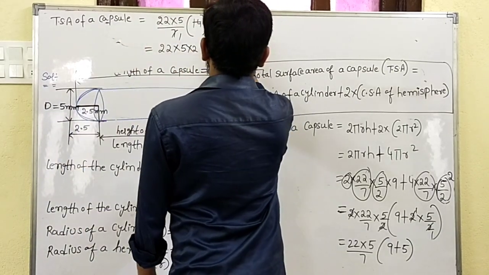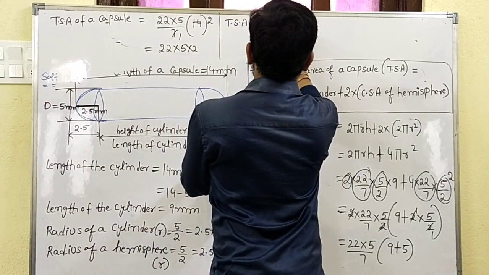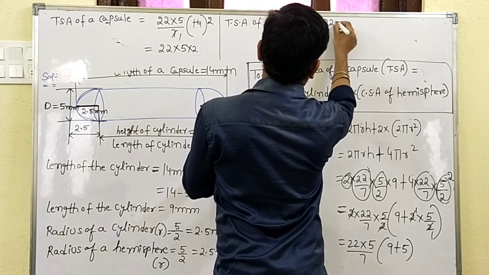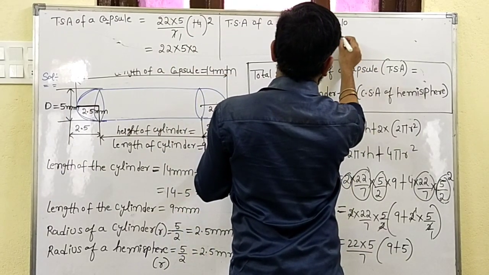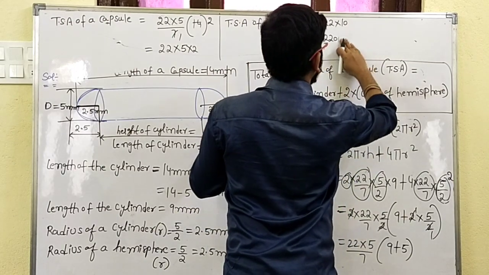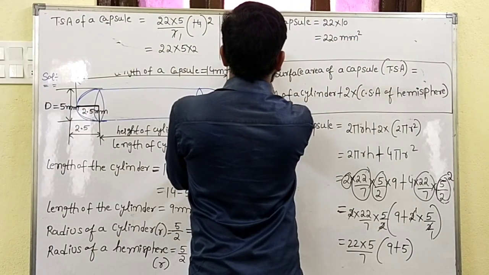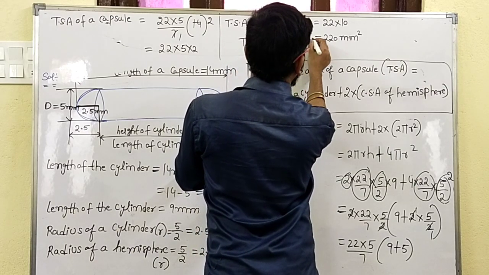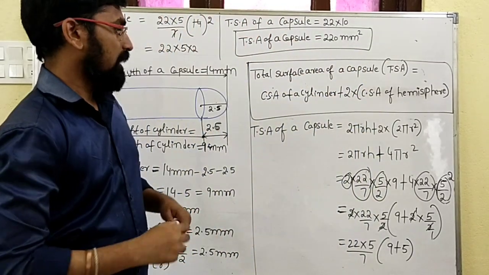The TSA of a capsule is 22 into 5 twos are 10, that is 220 square millimeters. So the TSA of a capsule is equal to 220 mm square. Are you getting it?